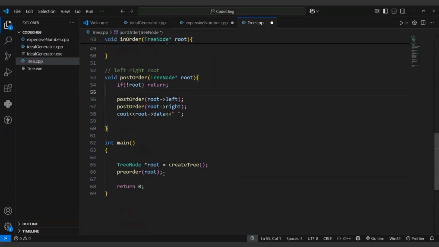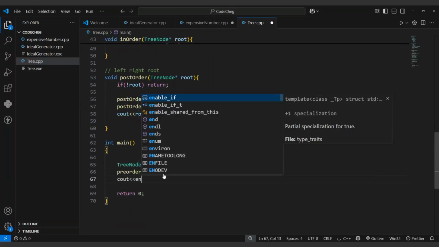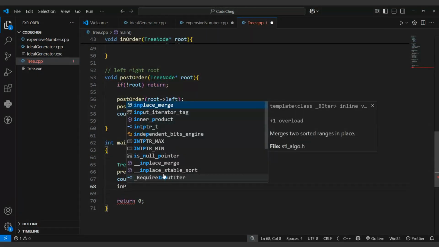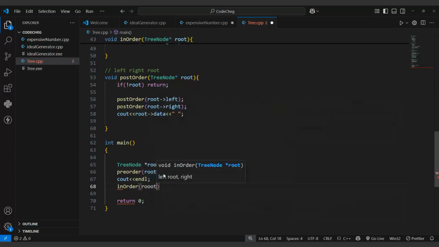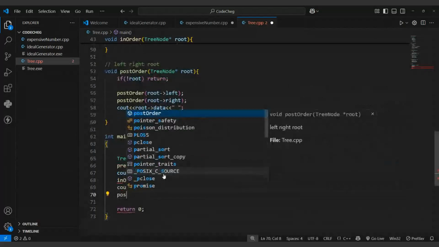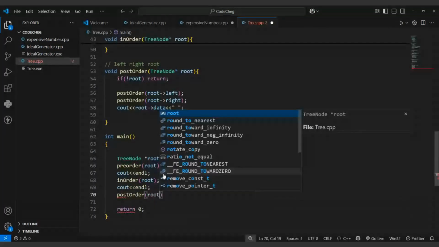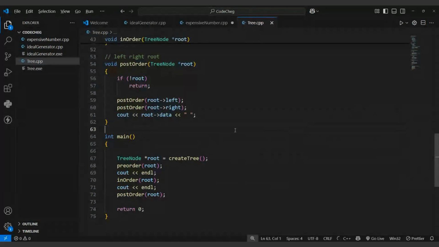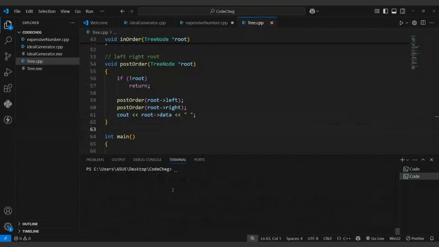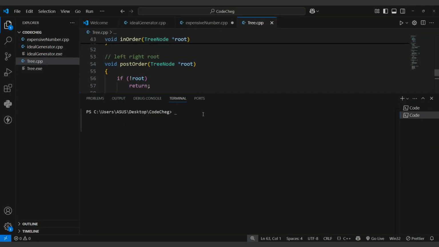So if I call the functions pre-order, in-order, and post-order and try to execute, the output is 1, 2, 3, minus 1, minus 1, minus 1, and 4, with minus 1, minus 1.